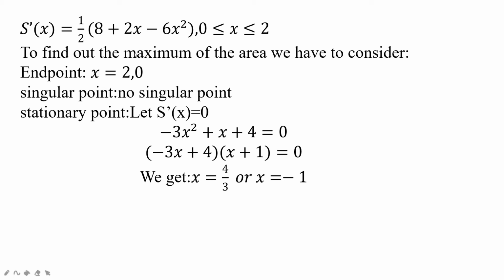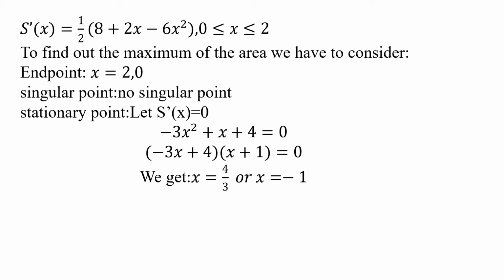To find the maximum of the area, we need to consider three situations: the endpoints, singular points, and stationary points. The endpoints are 2 and 0, and there is no singular point because A(x) is a continuous function, so we don't consider it. For the stationary points, we let A'(x) equal 0 and factorize it to get the value of x.